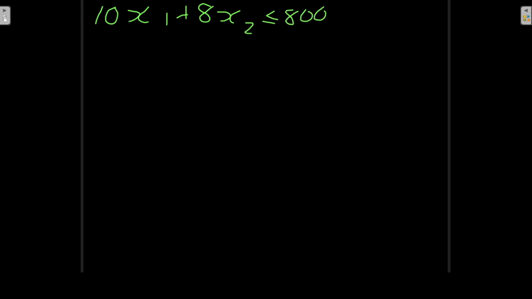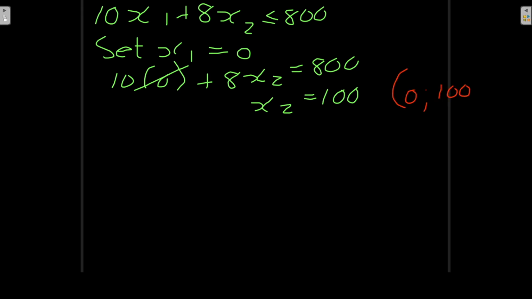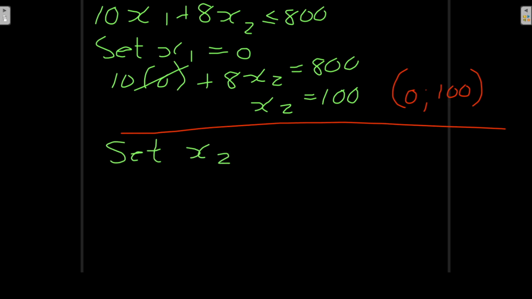First of all, we will start by setting x1 equal to 0. If we set x1 equal to 0, we can solve for x2. This part will be 0, so 8x2 is equal to 800, so x2 must be equal to 100. So my first point on the graph will be the point (0, 100). And then we set x2 equal to 0.